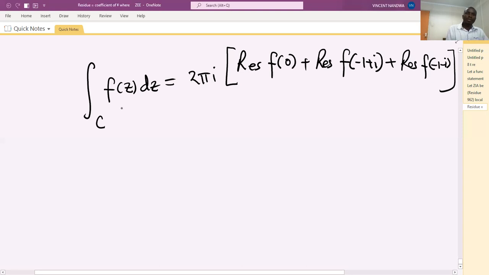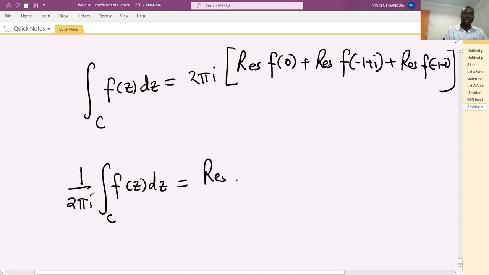Dividing through by 2 pi i, 1 over 2 pi i times the integral along C of f of z dz is just the sum of the residues.